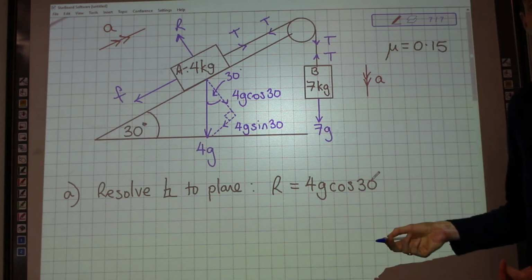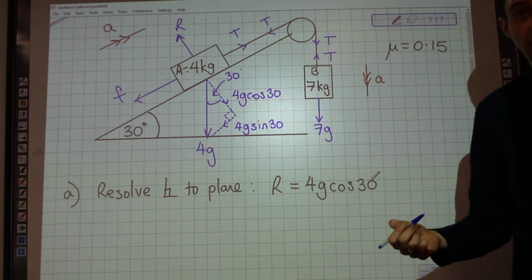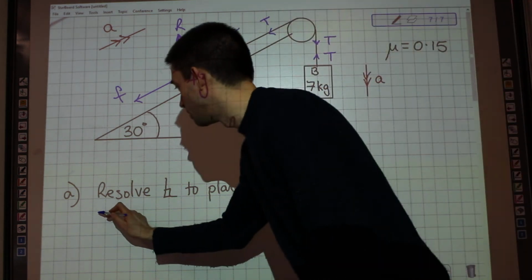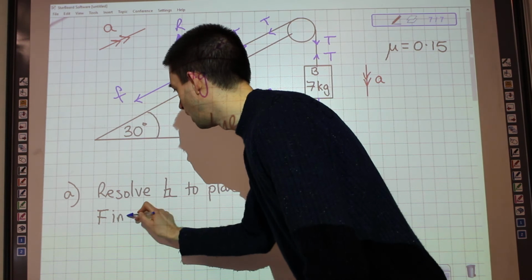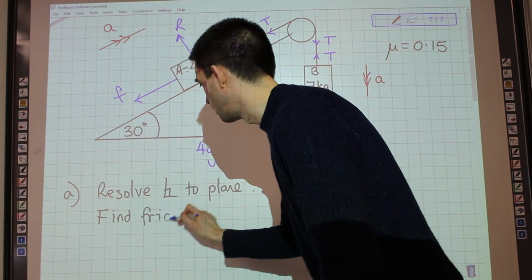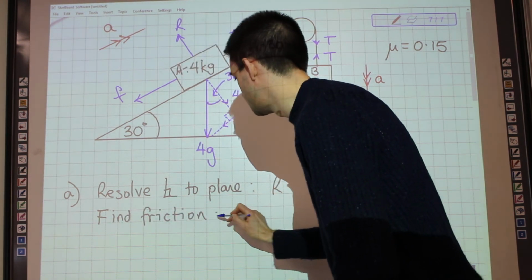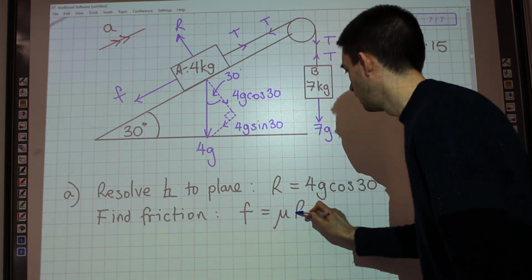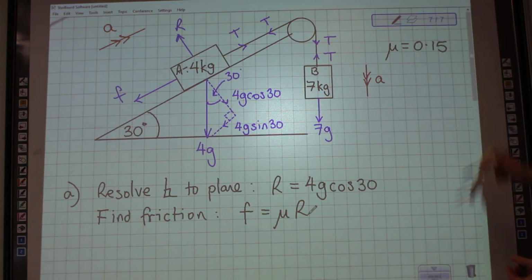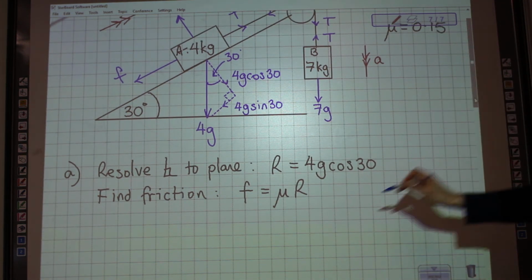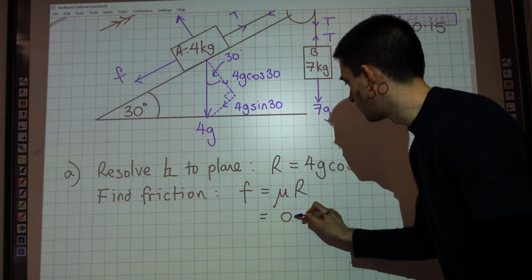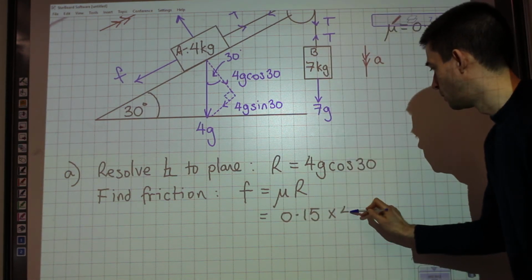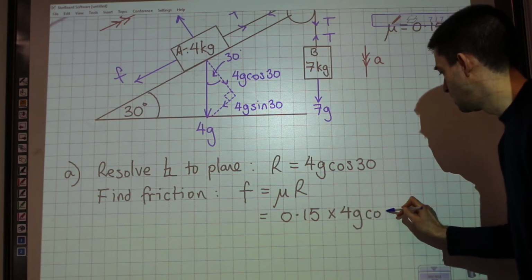Now, the purpose of finding that is to work out a value for friction. So having resolved perpendicular to the plane, we're going to find a value for friction. And to do that, we're going to use the fact that friction, or the maximum friction, is mu times the normal reaction force. Now I know from the question that mu is 0.15, and my normal reaction is 4g cos 30.